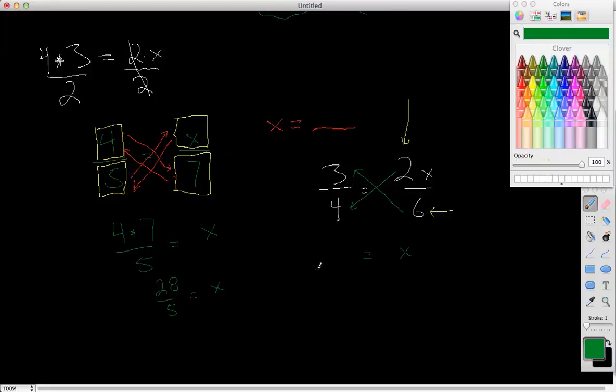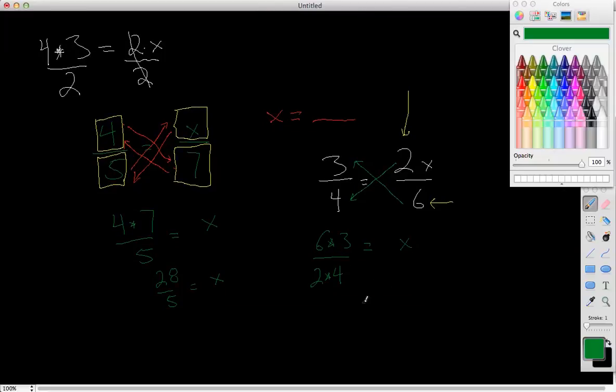So if I do that, I now have x here. My 6 is up and across, so I have 6 times 3. And I have 2 down and across, which is 2 times 4. This way, I've done cross multiplication correctly without any extra steps. So 6 times 3 is 18, and 2 times 4 is 8.